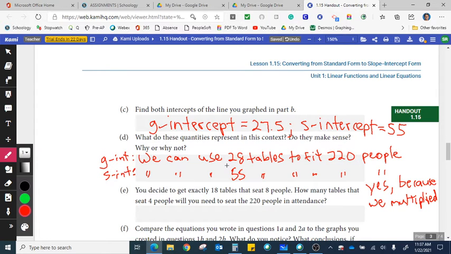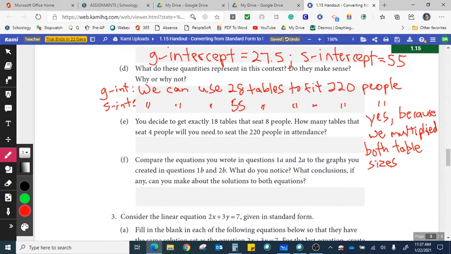So we multiplied both table sizes and people by 2.